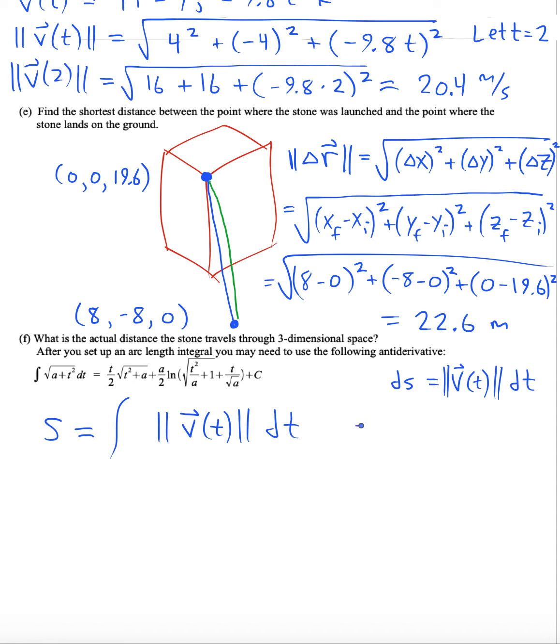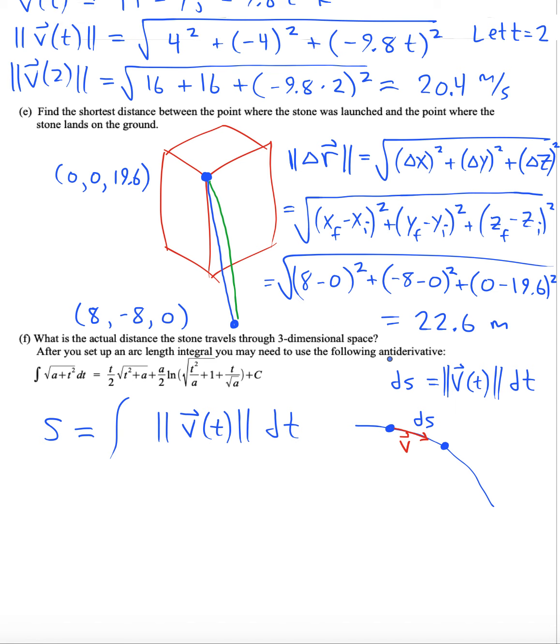All right, if you zoom in on a piece of the curve, we need to go from here to here. That's going to be ds, the arc length of that tiny little section. You have to know how fast you're going, which is the speed, and you have to multiply by the time.